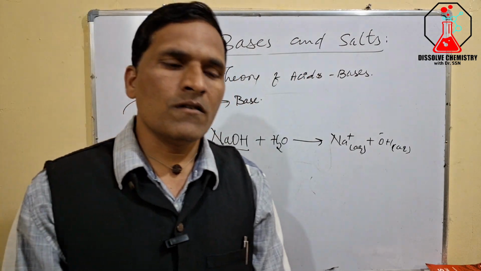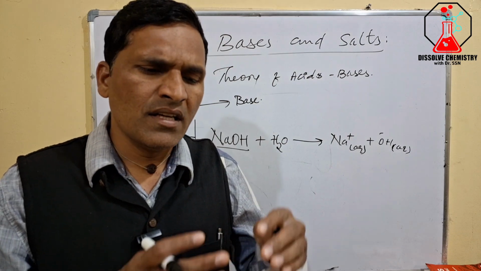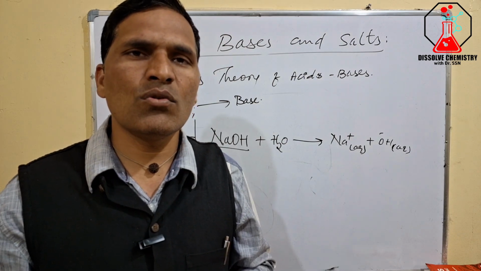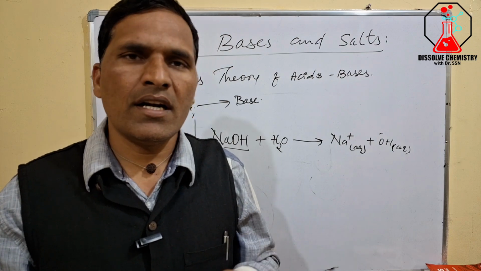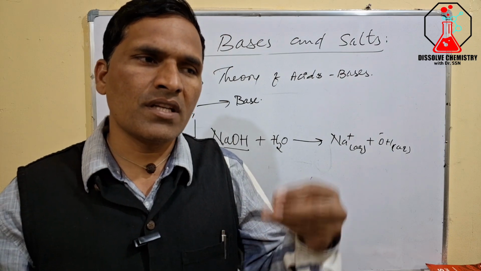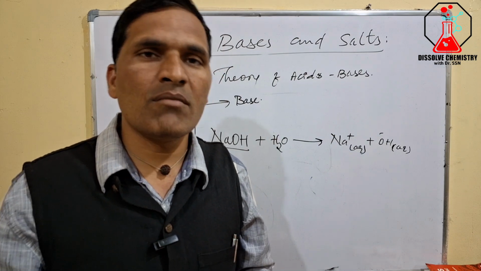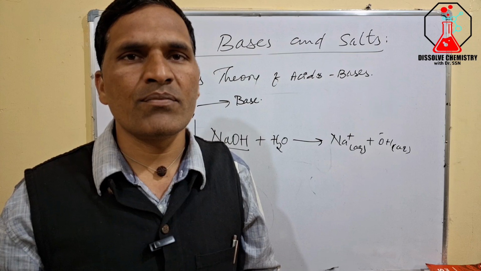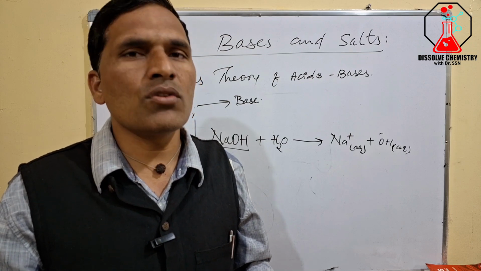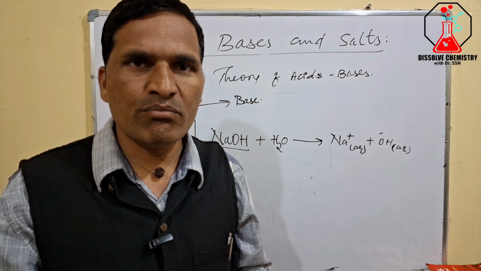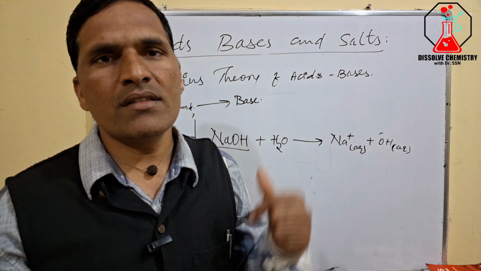Now this definition or theory has limitations: it includes only those compounds which can donate H plus, and only compounds which can give OH minus upon dissolution in water. There are many other compounds, such as ammonia, which can also act as a base, but it is not included in this definition.